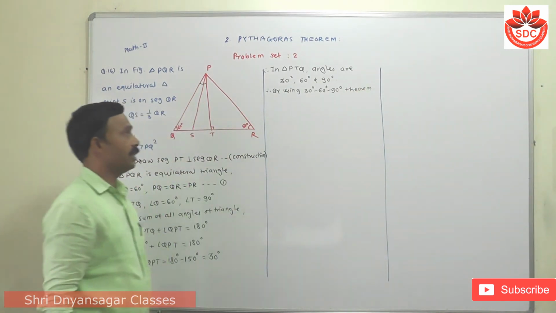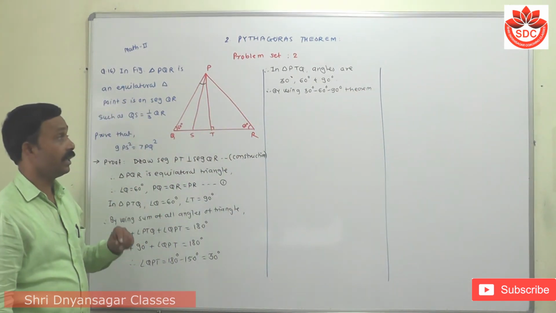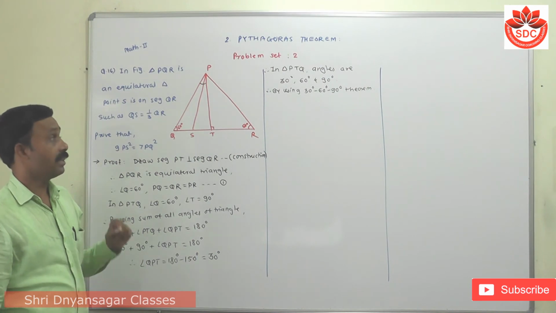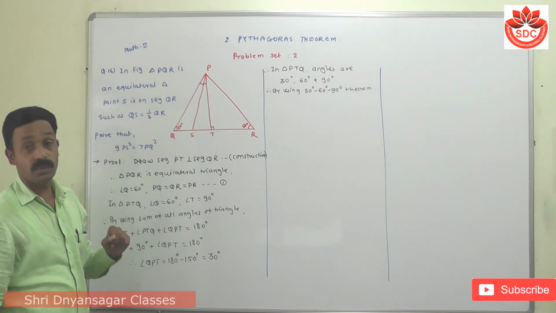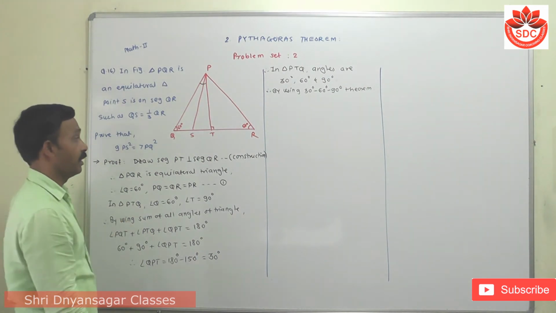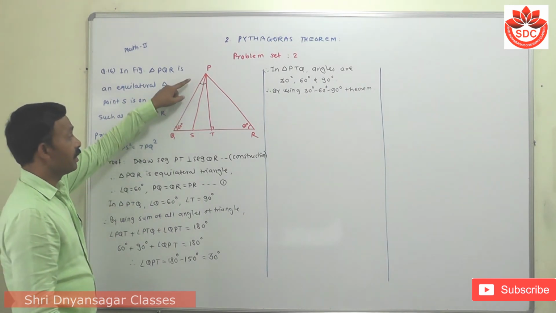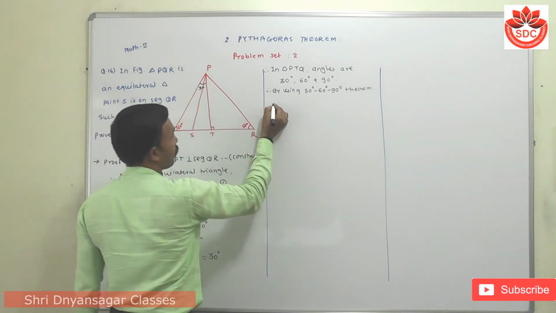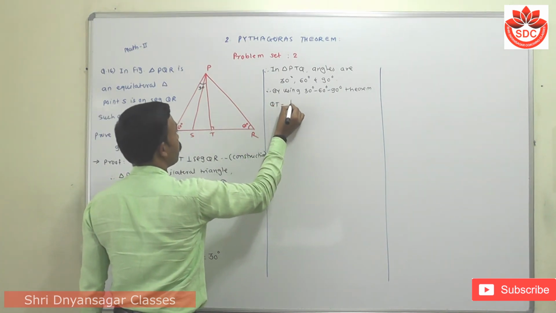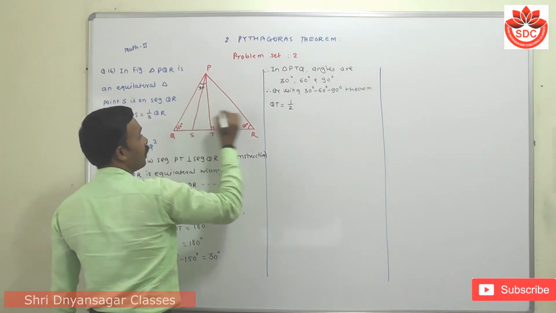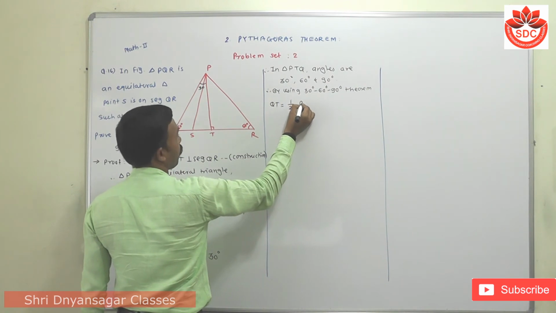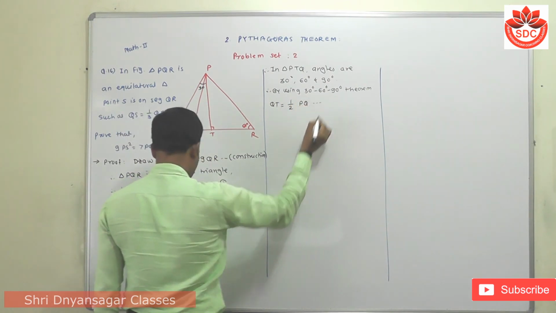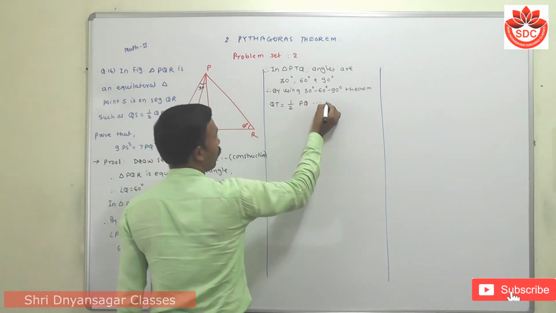This theorem is that the side opposite to 30 degrees is half of its hypotenuse and the side opposite to 60 degrees is root 3 upon 2 times its hypotenuse. So first I take the side opposite to 30 degrees. This is 30 degrees, meaning QT is equal to half of its hypotenuse PQ. Suppose that this is equation number second.